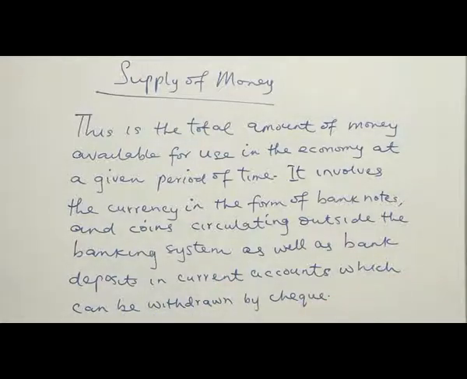So we are looking at the volume of money in circulation, which can be in the form of banknotes or coins, likewise the account that we have with our commercial bank, that is the bank deposit that we call current account. The summation of all these makes what we call supply of money in an economy.